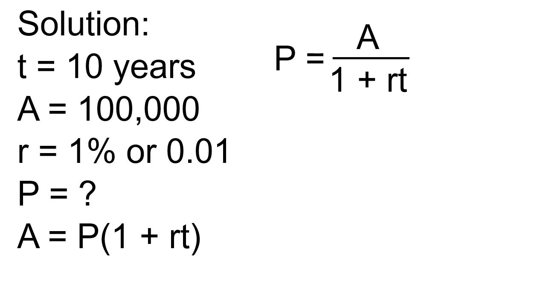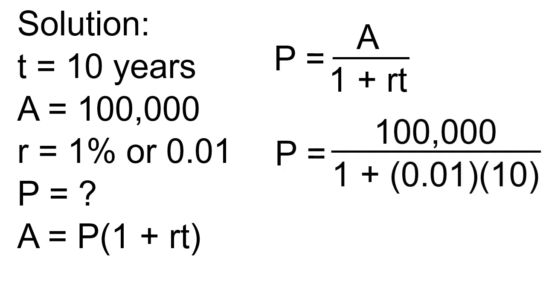Okay? So substitute the values of A, R, and T. You're going to have P equals 100,000 divided by 1 plus 0.01 times 10. So 0.01 times 10 is 0.1 plus 1, that's 1.1.